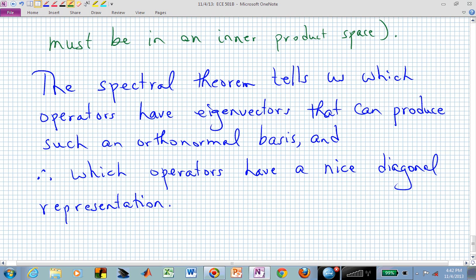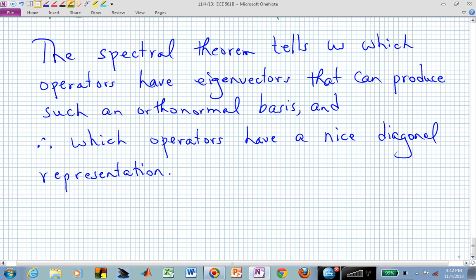And what kind of properties we need these operators to have depends on whether we're dealing with a complex inner product space or a real inner product space. So we'll look at those two separately.